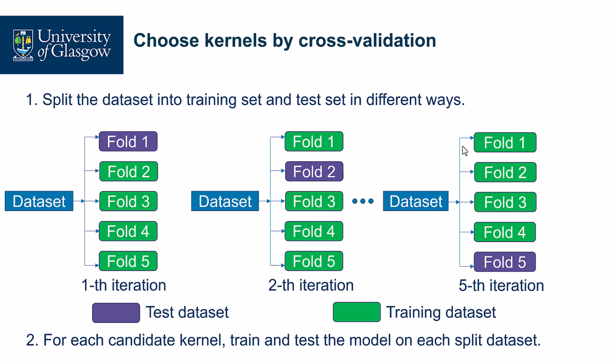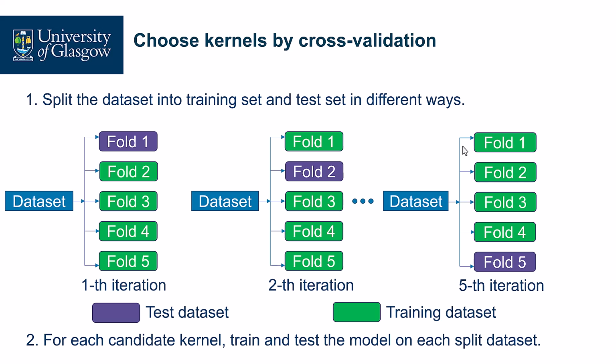We have the training set and the test set. The whole data set is randomly split into 5 groups. In each round, we use the other folds as the training data and one of them as the test data. I won't discuss the details because it has been described several times in previous sessions.